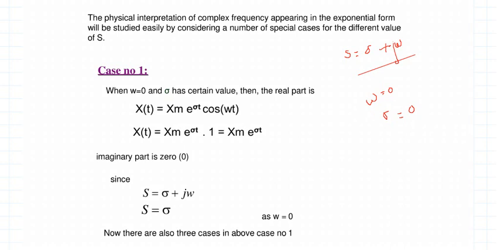So this way, I am going to discuss the entire complex signal by considering three different cases on s. In the first case I will make omega equal to 0. In the second case I will make sigma equal to 0. And in the third case I will make both of them 0.